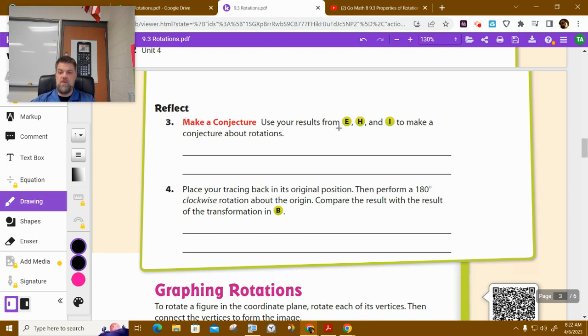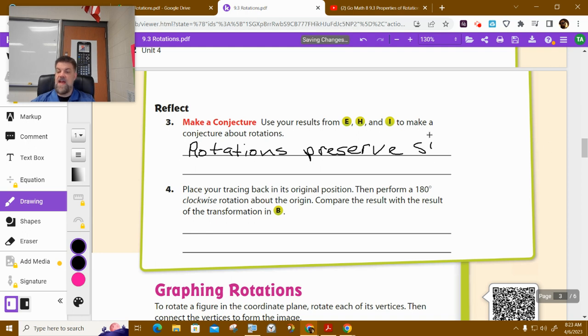All right, so it says, from your results in E, H, and I, make a conjecture about rotations. Well, what did you guys notice about rotations? Well, rotations preserve what? Preserve is a fancy way of saying they're the same. So what was the same on the rotations? What did they preserve?